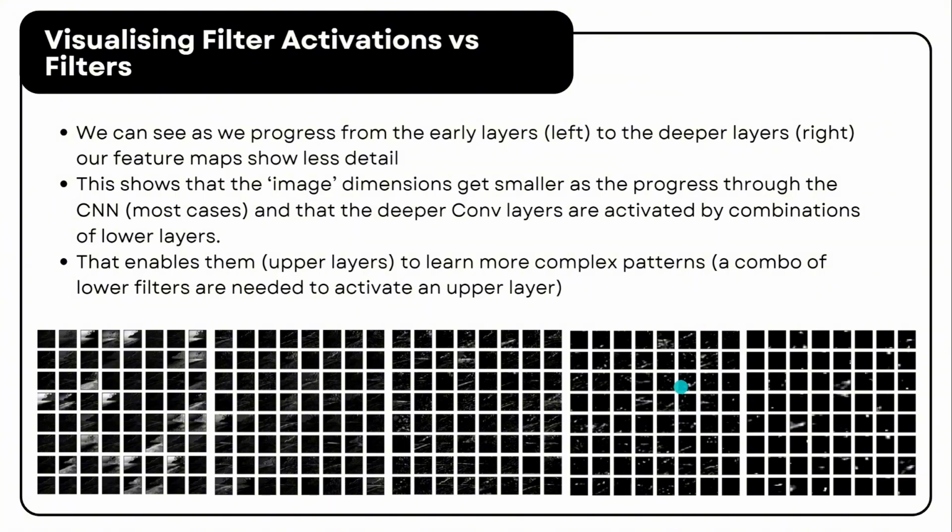So even something like a small dot, this one, might represent a complex concept. Maybe it's a tree or a part of a palm tree, because it has learned to activate only when certain patterns from earlier layers are present.